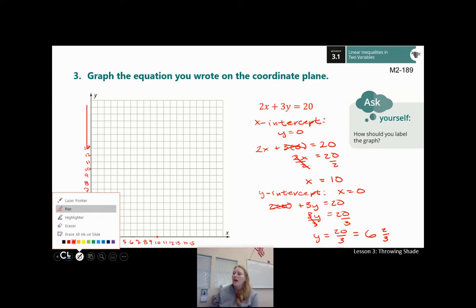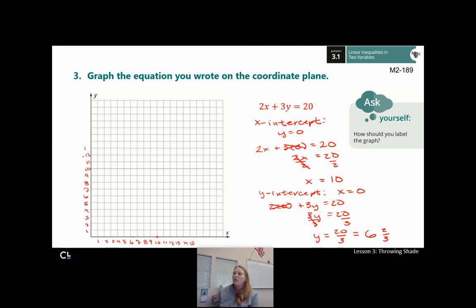Just as I say that, that's when my pen decides not to cooperate. 13, 14, 15. All right, we don't need to go forever and ever. So it looks like my y-intercept is at 6 2/3. So I'm going to go up 6. I'm not going to quite get all the way to 7. I'll get close to it. I'm just going to put a little dot right about there.